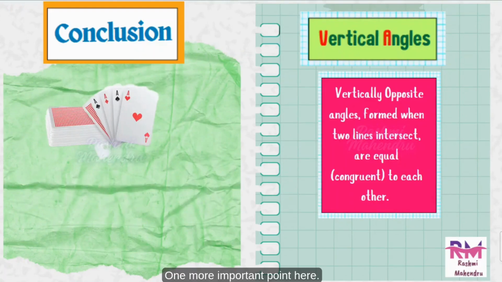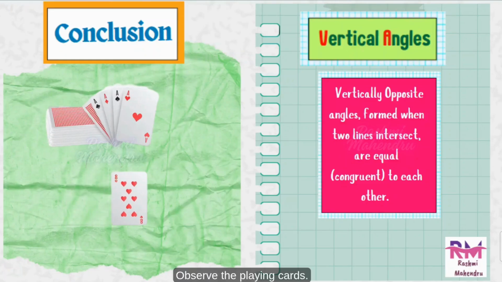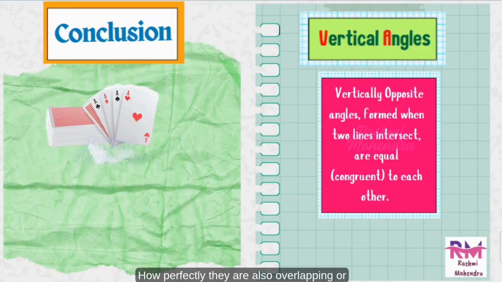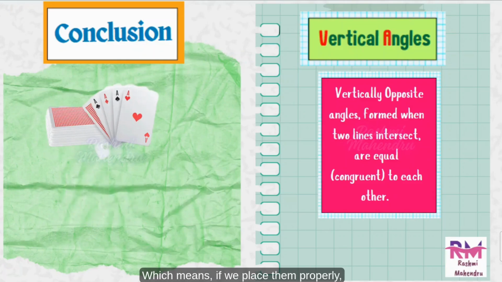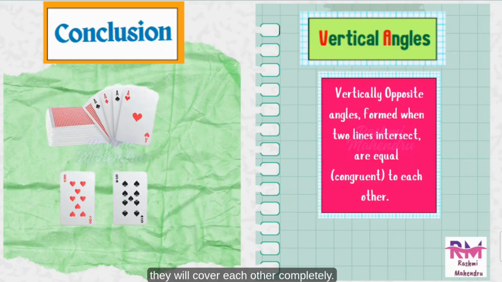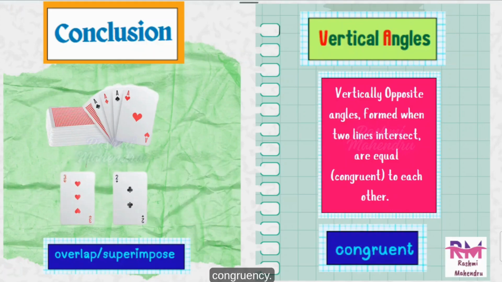One more important point here. Observe the playing cards, how perfectly they are also overlapping or superimposing on each other, which means if we place them properly, they will cover each other completely. This overlapping is also termed as congruency.